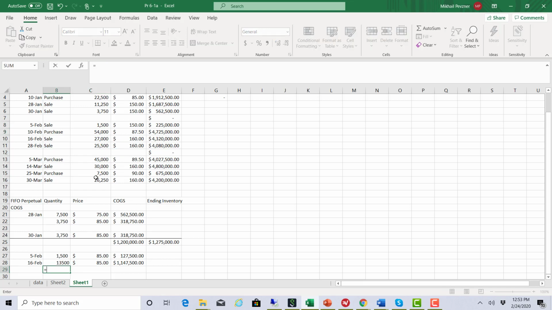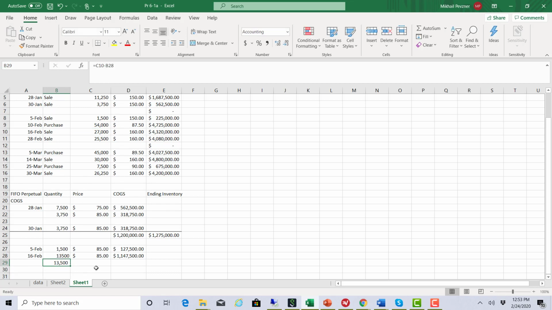We need to take 27,000 minus 13,500, and that will come from this at 87.50. So again, 13,500 times 87.50, and that takes care of this sale. Let's keep track of what we have left from this purchase: 54,000 minus 13,500, so we have 40,500 left in here.